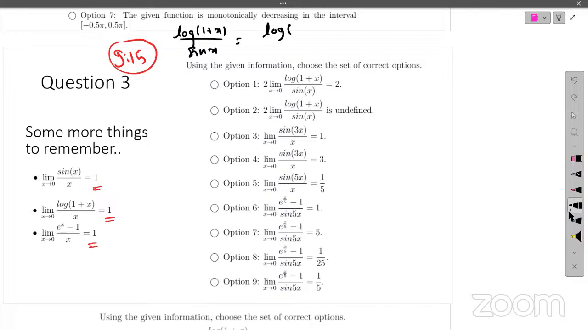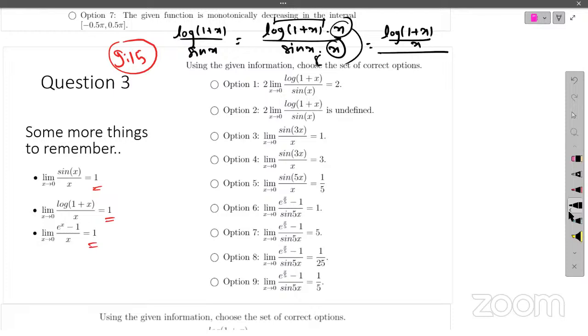So it is log of 1 plus x into x upon sin x into x. Now this x we keep with the log of 1 plus x, and this x we take into the denominator to form sin x upon x. So this is the same as log of 1 plus x upon x, and the whole upon sin x upon x.